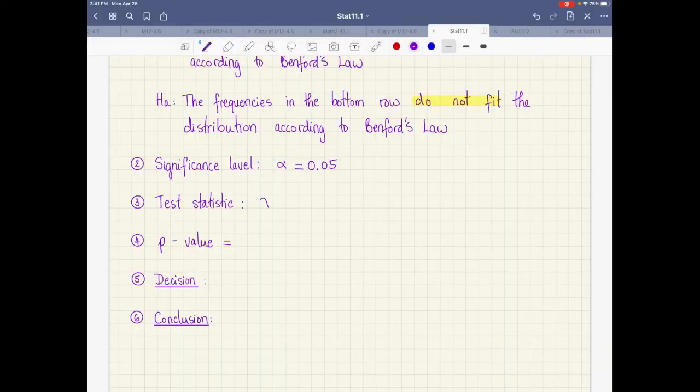Test statistic is chi-square equals 11.279177. Please read the instruction to see how many decimal places that you have to round to. I am going to round this to 3 decimal places. And my p-value is 0.1864.